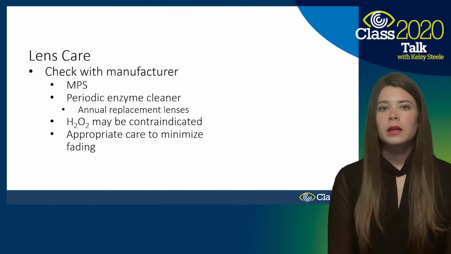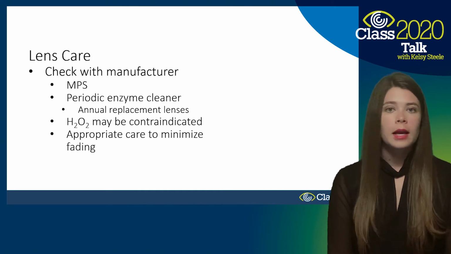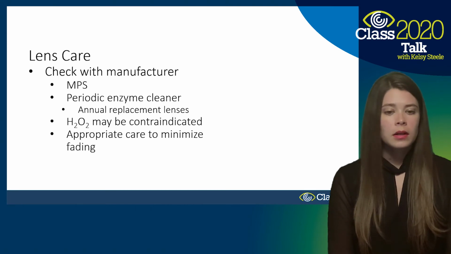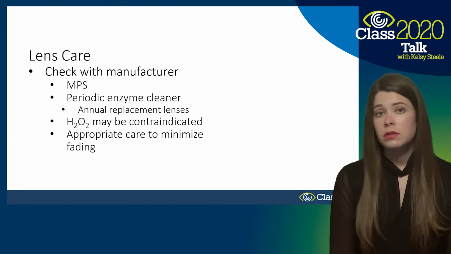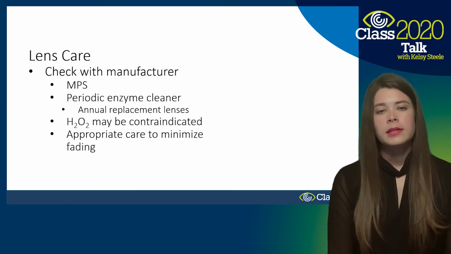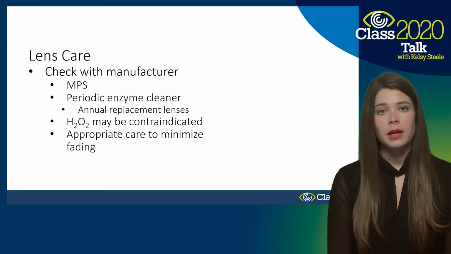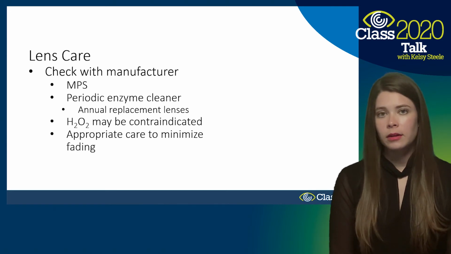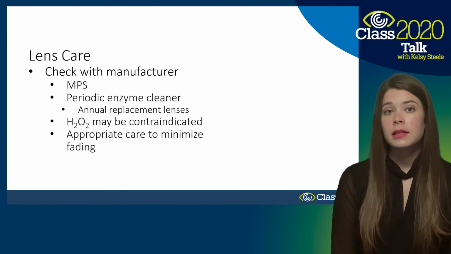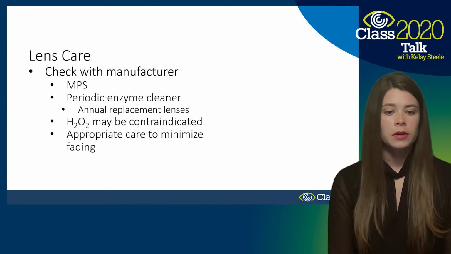Lens care is going to vary by manufacturer and vary by lens material and what type of colored lens you're using. A lot of the lenses do fine with just a regular multi-purpose solution. If you have a lens that has a biannual or an annual replacement, some of the labs will recommend a periodic enzymatic cleaner, and some of them will even send their specific recommended ones to you when you get the lens for your patient.